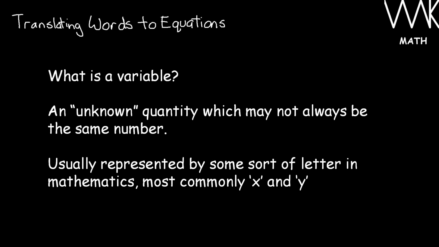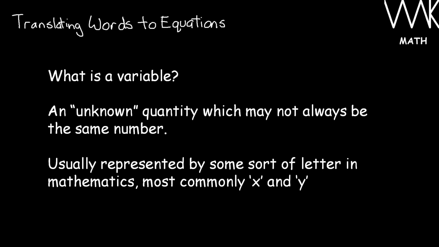For example, think of something that is not always the same. What could they be? Here are some good examples. Time, sometimes in minutes, sometimes in seconds. Cost, usually in dollars. And number of things, like number of apples, number of oranges. These are all considered to be variables.